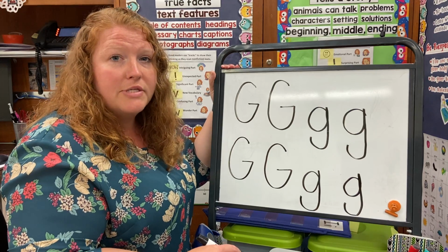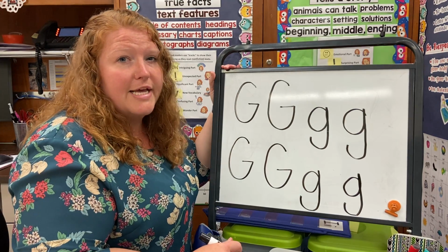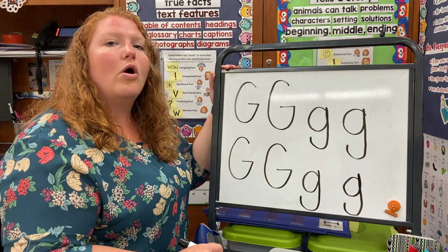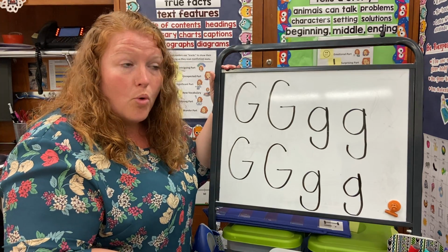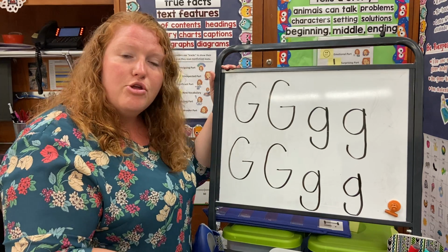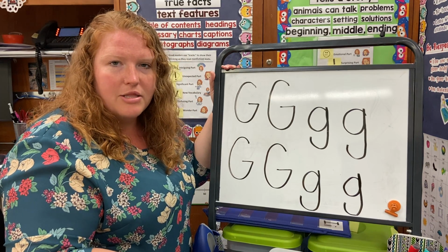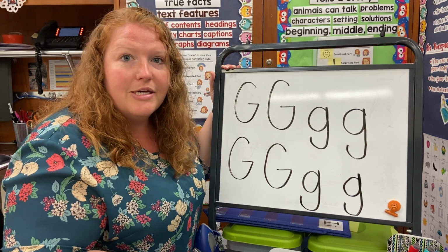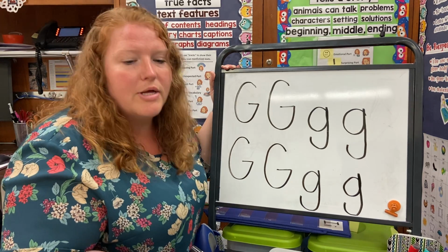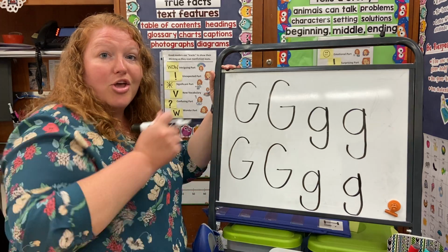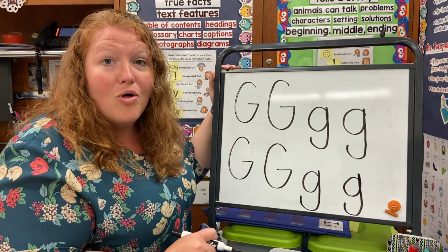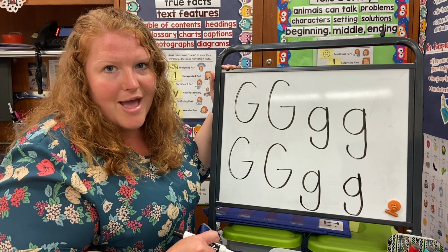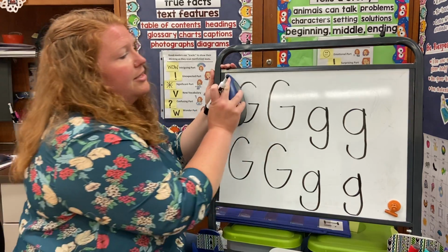The main sound that you're going to hear most often is "g," like give or game or go. Can you think of any other words that would start with the letter G? What about good or gorilla or got? Those are all words that start with the letter G. Great work with the letter G.